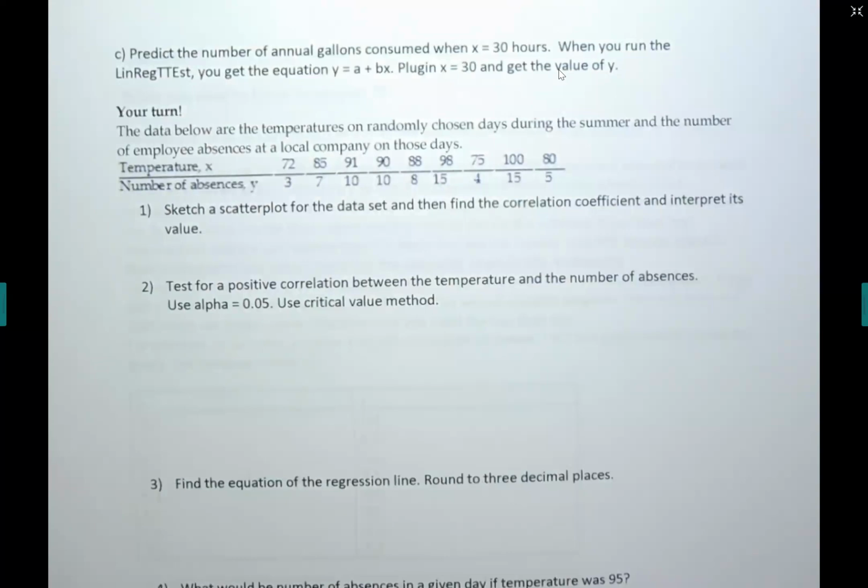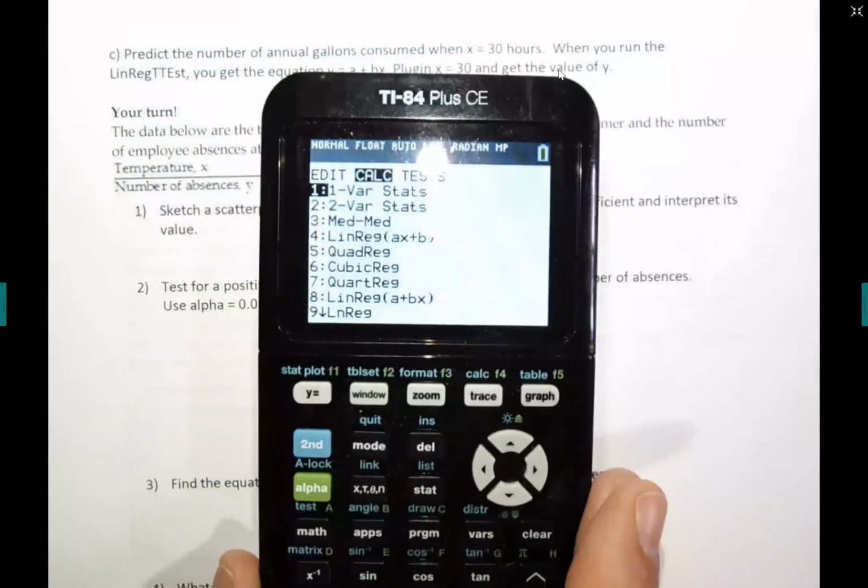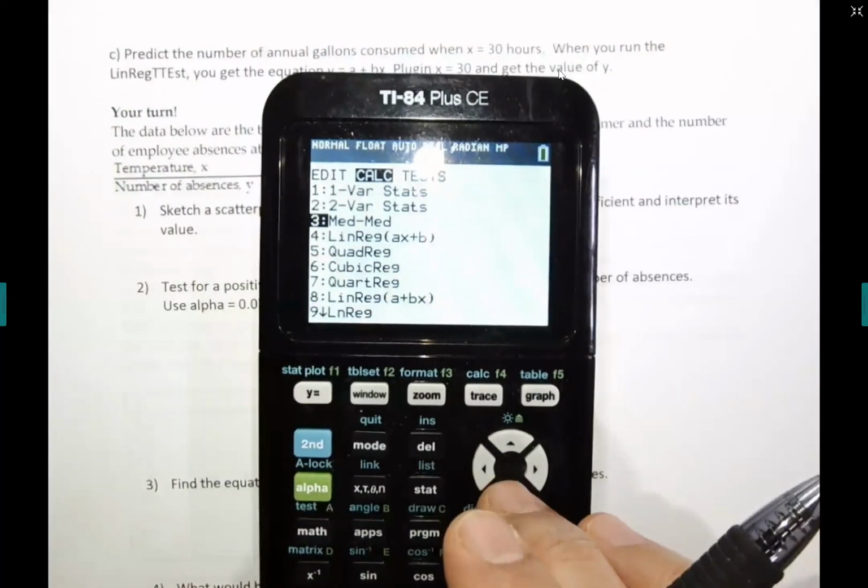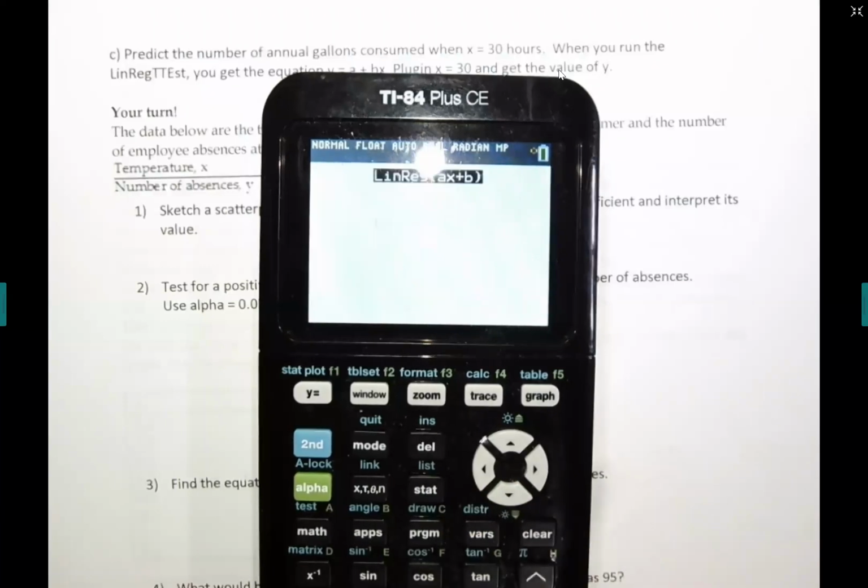Predict the number of annual gallons consumed when X is 30 hours. Well, in order to do that, guys, we need the equation. And you already seen the equation, but probably you didn't write it down. So let's write the equation. You go to Stat Calc, number 4, enter.